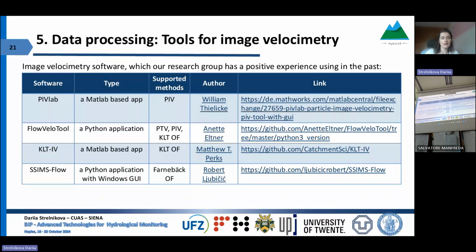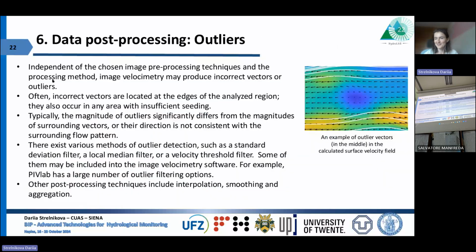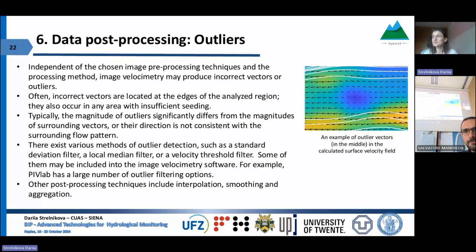So now, hopefully, we are done with processing our data, and we can move to the last stage of the workflow, the post-processing. We see that despite the tool that we use, despite the method that we use, we will not get perfect results. And this means that we need to remove outliers if some of them appear in our results, and we need to remove spurious vectors.